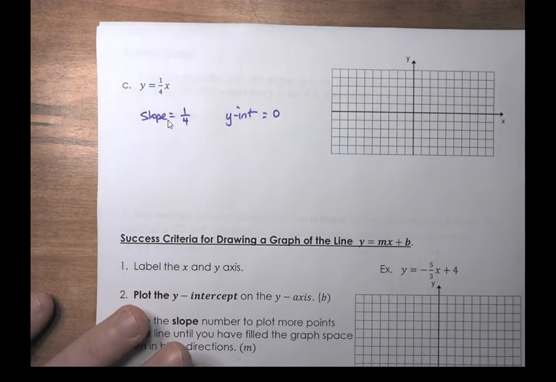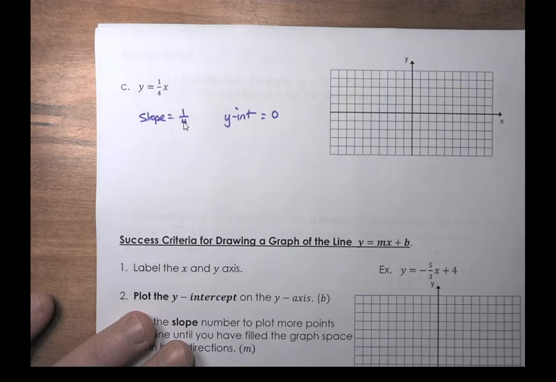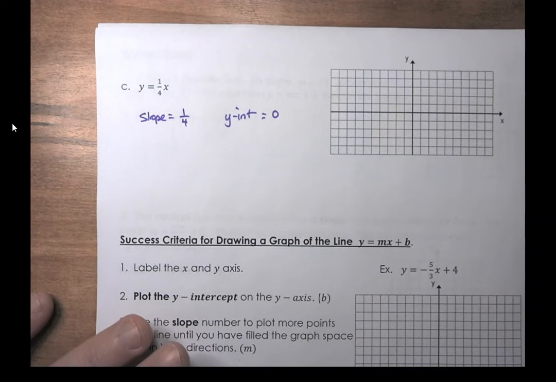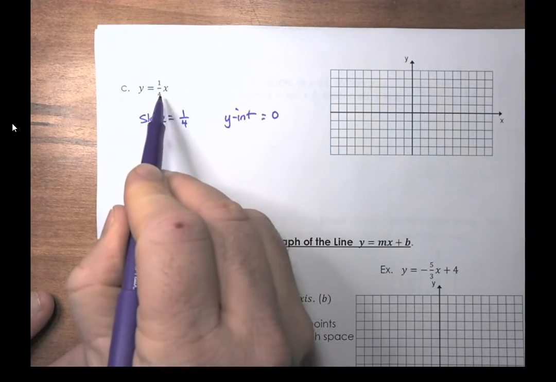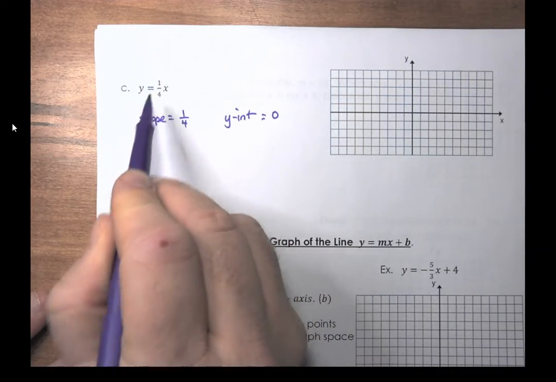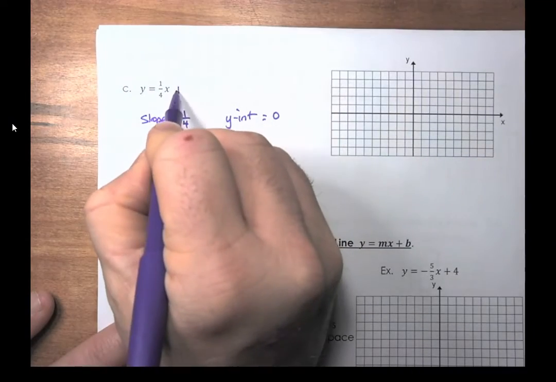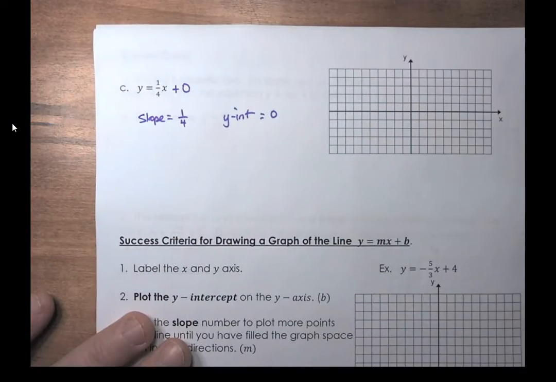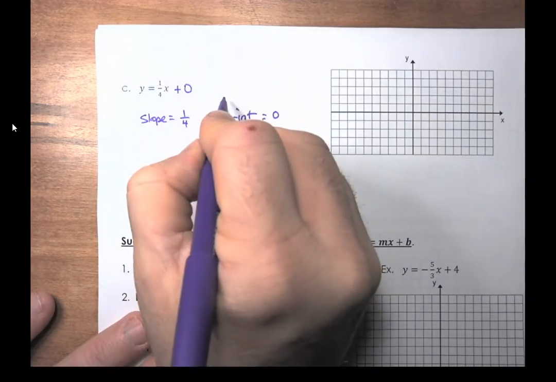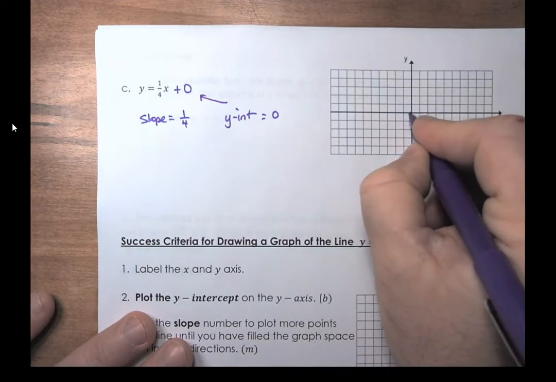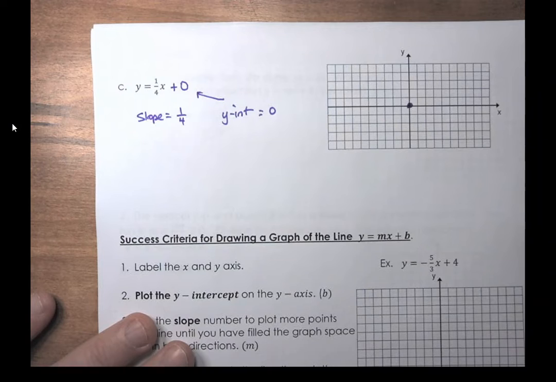So hopefully you said that the slope was 1/4 and the y-intercept was 0. Well, if I'm looking at my equation here, there's my m, this is attached to x, it's multiplying by x. But here it's like an imaginary 0 for the y-intercept. So it means I don't have any initial value.